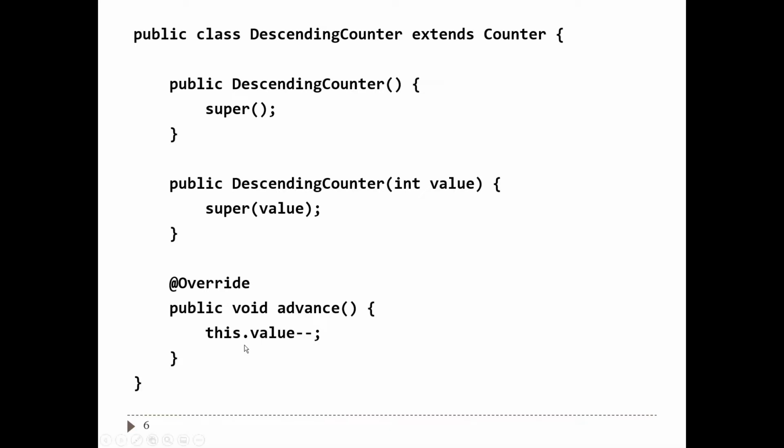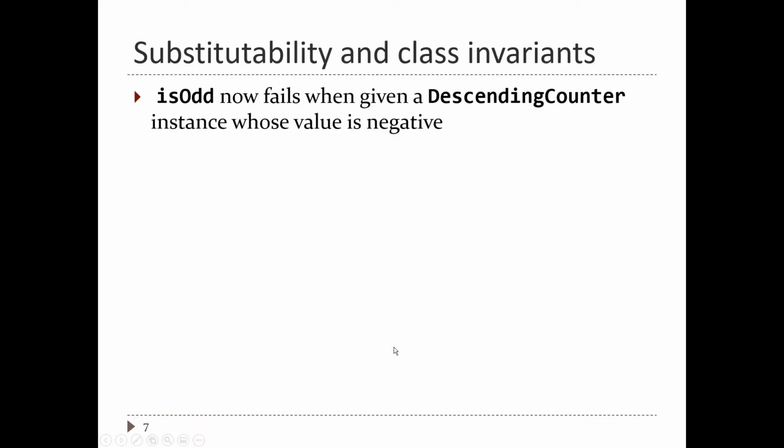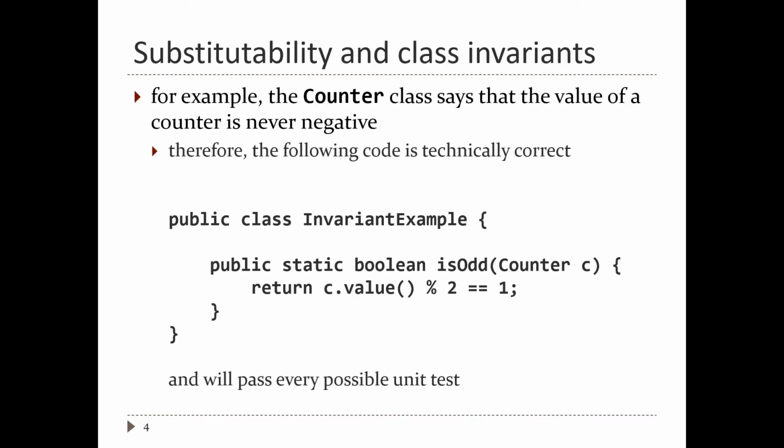Now, the value of the counter can obviously become negative in this case. So the method isOdd now fails when given a DescendingCounter instance whose value is negative. And so the problem that has occurred is that a class and its method that were thought to be correct suddenly fail when given a subclass that doesn't respect the invariant of the counter class.